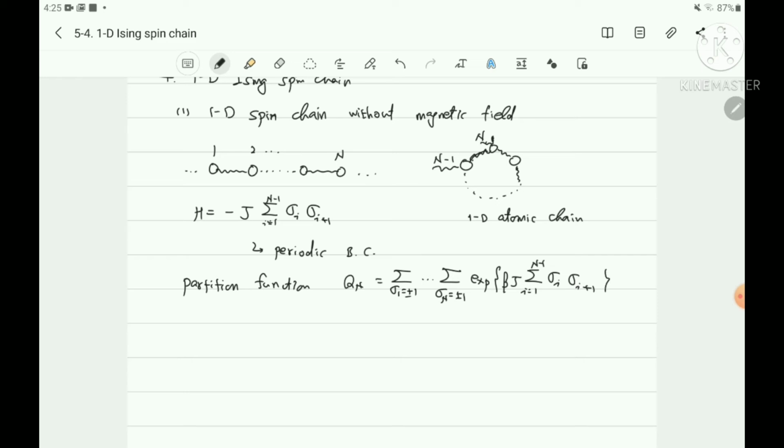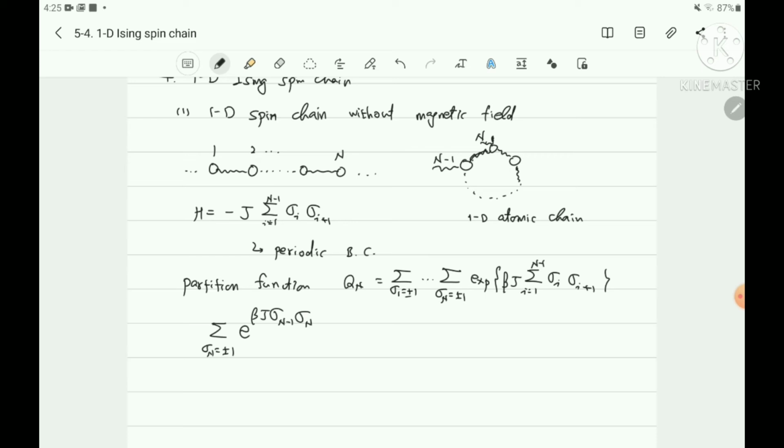Okay. Here the summation in the exponential can be thought of as a product. Let's consider sigma n, which is the spin. There are two spins, plus or minus 1, in exponential beta J sigma n-1 sigma n.